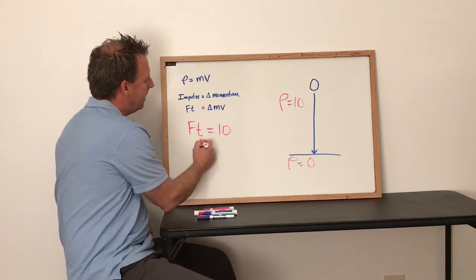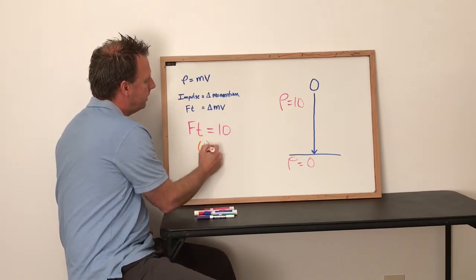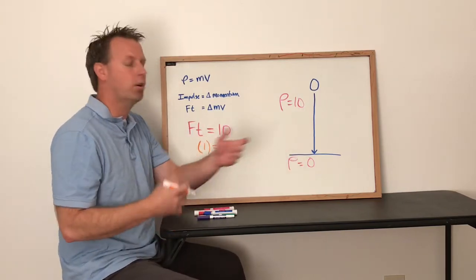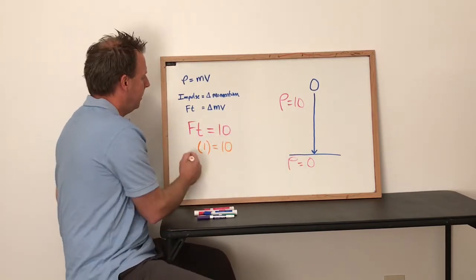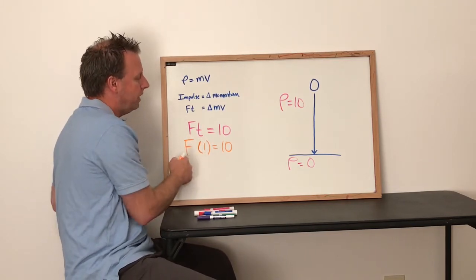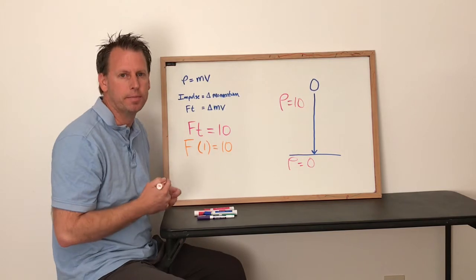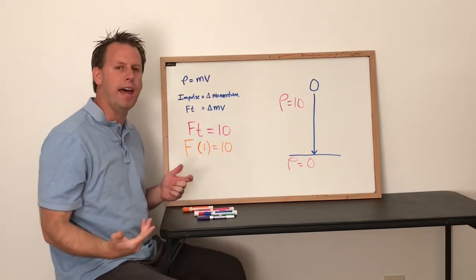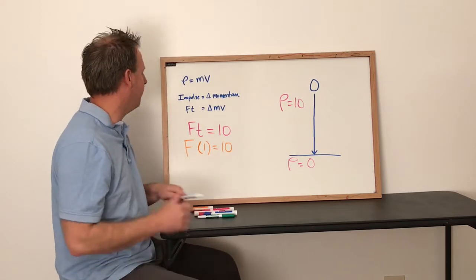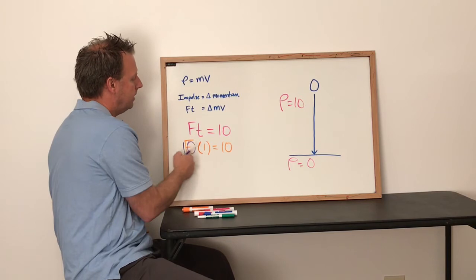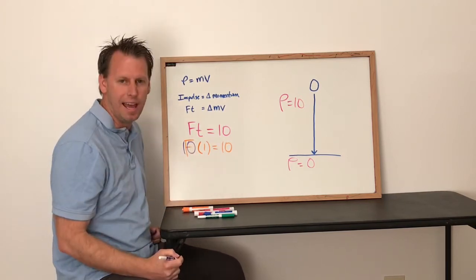So if I say that the time is 1 second and it's changing its momentum from 10 to 0, or the change is 10, then what would the force be that the egg experiences? Well, what times 1 is 10? That's easy. 10, right? 10 times 1 is 10, right?